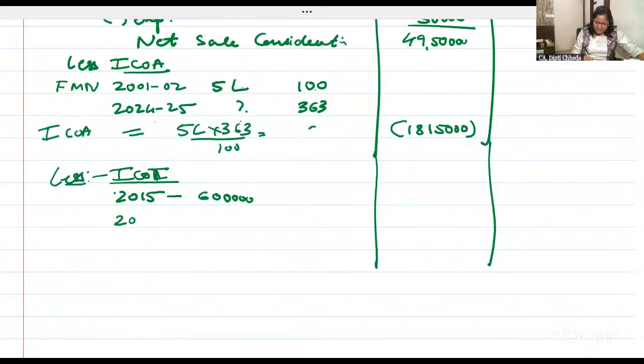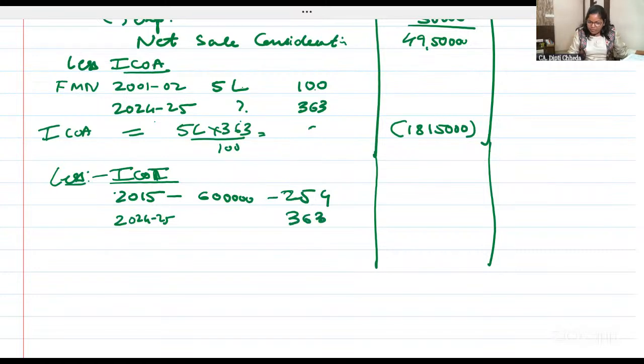And now we are selling it in 24, 25. It was 15, so we will always take 15 and 16. And let us check the rates. You also do it, I am also doing it. I have given you the index rates, all in the second page of this chapter only. 15 and 16, it is 254.